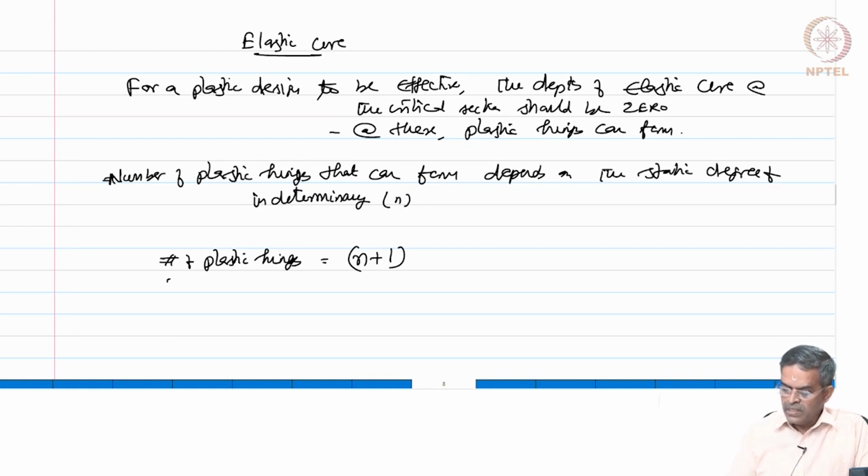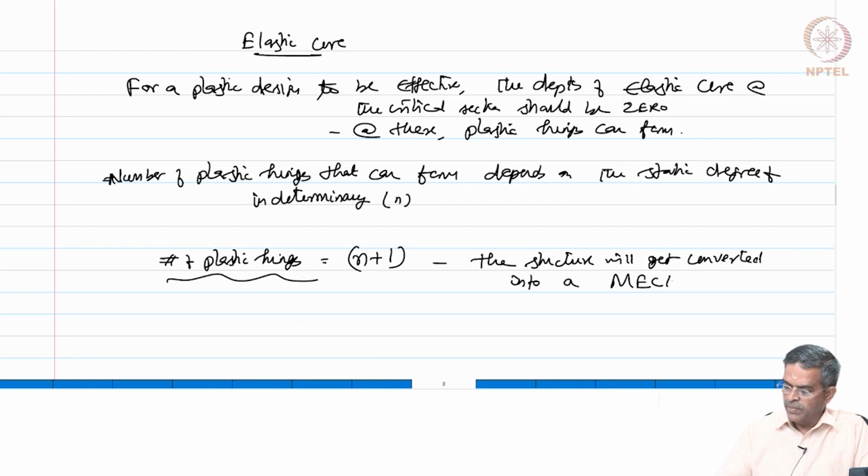When so many hinges have been formed, the structure will get converted into a mechanism. So, the more the degree of static indeterminacy, the more the possibility of plastic hinges, because we need n plus 1 hinges. Okay? So, it becomes a mechanism.